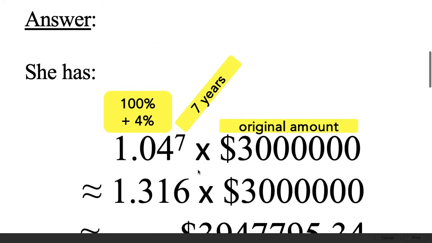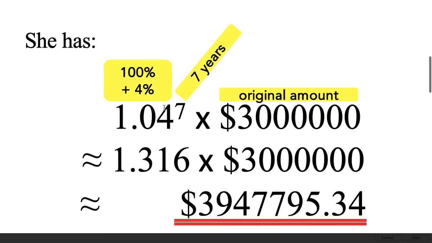Okay, and here is the answer. You're multiplying by 1.04 every time to give her an extra 4% on top of her original 100%. The money's there for 7 years, so it's to the power of 7. And that's getting multiplied by 3 million, the original amount. So 1.04 to the power of 7 is 1.04 times 1.04 times 1.04, and you keep doing that till you've done it 7 times.